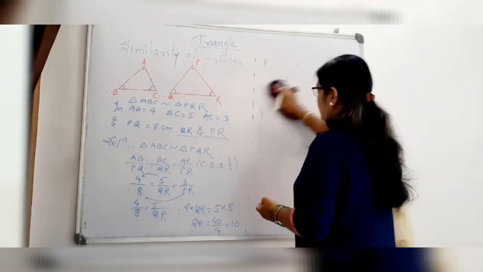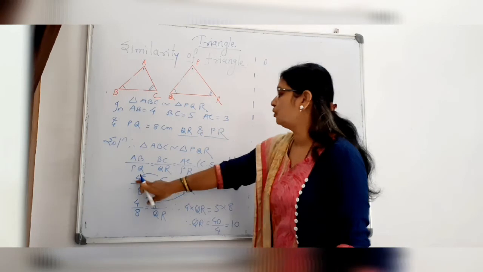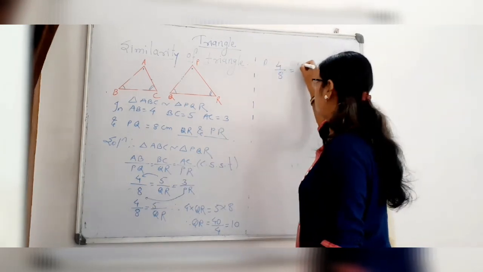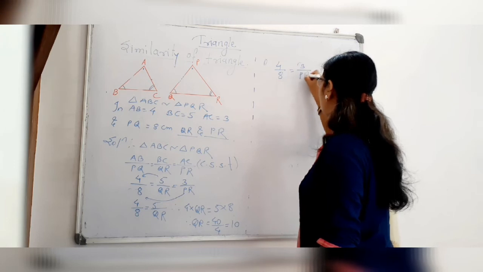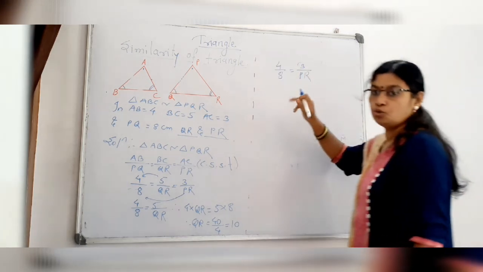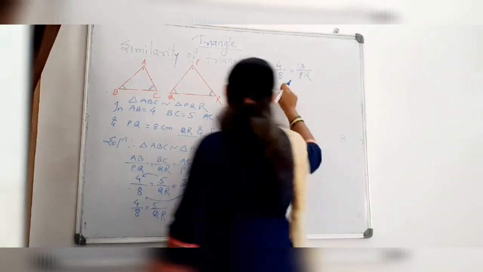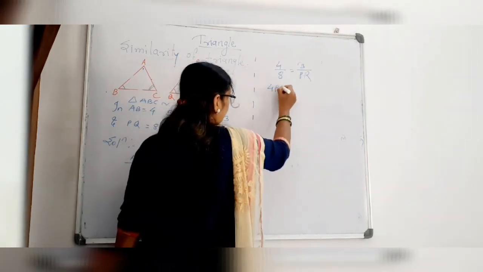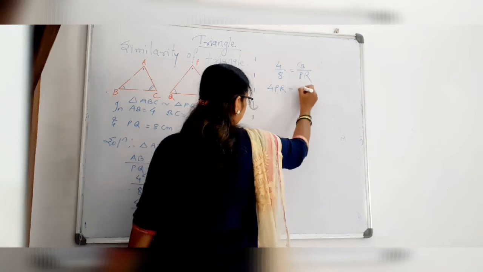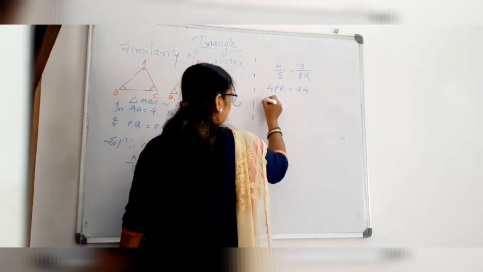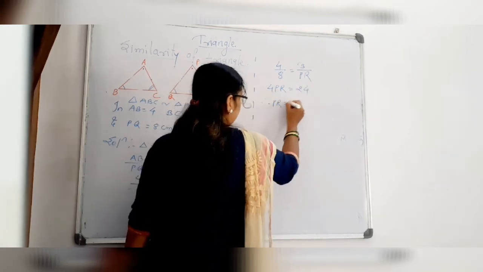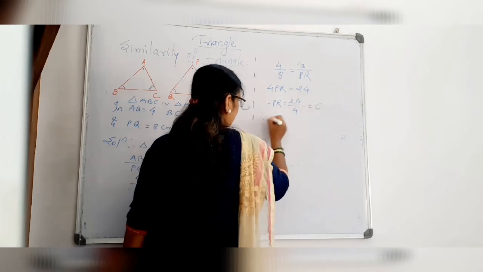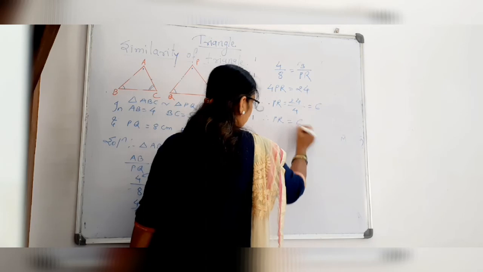Now also here you have to compare with the ratio 4 upon 8. 4 upon 8 is equal to 3 upon PR. Always compare with the ratio which is given. Now 4 upon 8 is given. Now cross multiply. What you get? 4 into PR is equal to 8 threes are 24, and therefore PR is equal to 24 upon 4, that is 6.